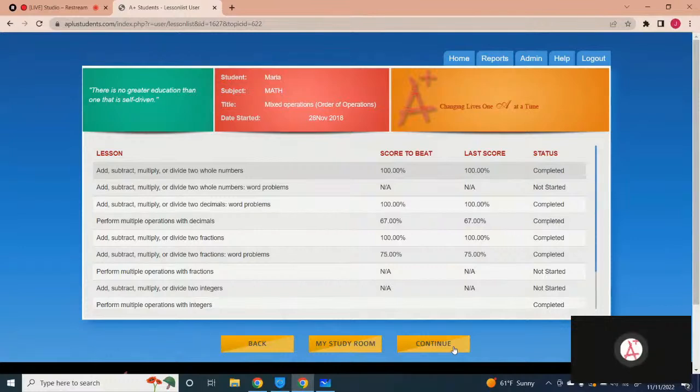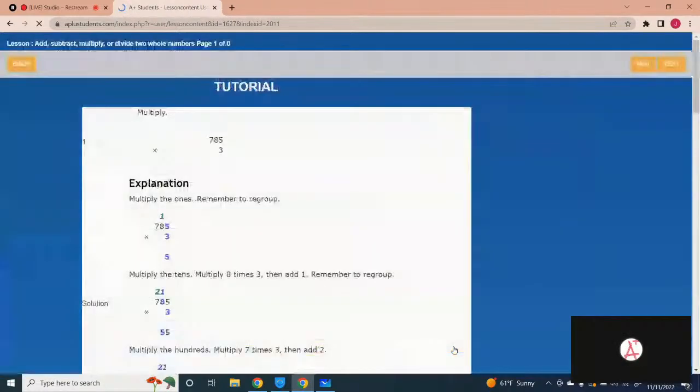Okay, let's start with the next topic, that is mixed operations. And the topic we're going to start with is add, subtract, multiply, or divide two whole numbers.